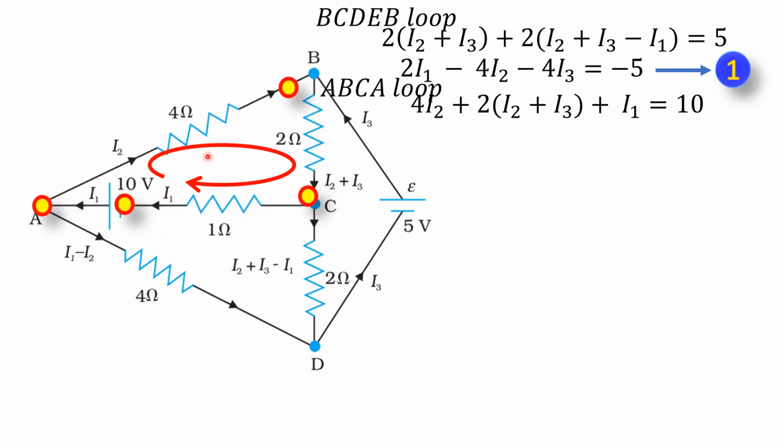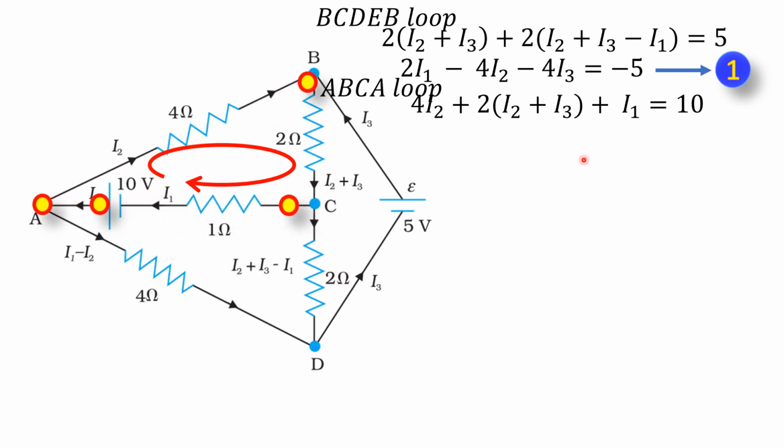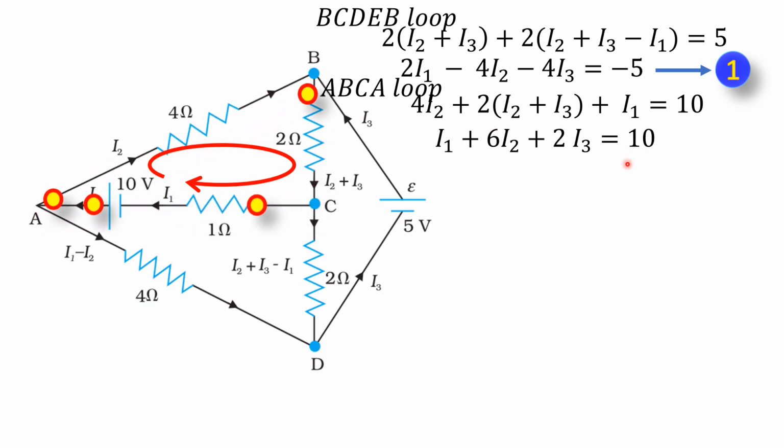This is the equation: 4 into I2 plus 2 into (I2 plus I3) plus 1 into I1 is equal to 10. Expanding this equation, we get 4I2 plus 2I2, 6I2, plus 2I3 plus I1 is equal to 10. Rearranging this equation, we get I1 plus 6I2 plus 2I3 is equal to 10. Let's consider this is equation 2.